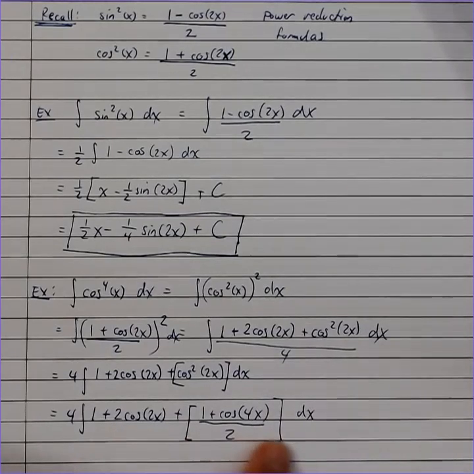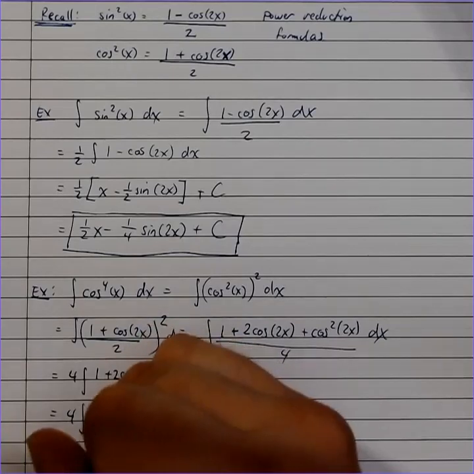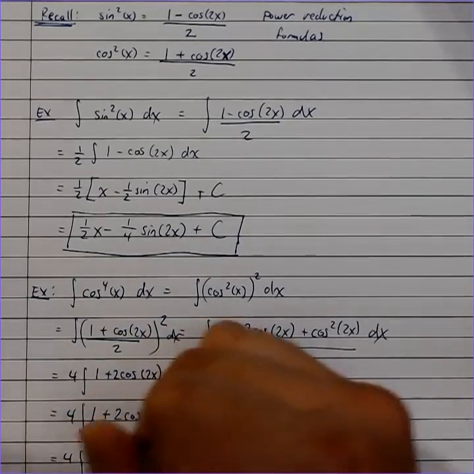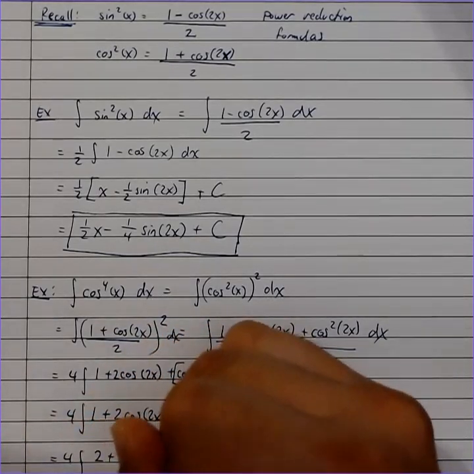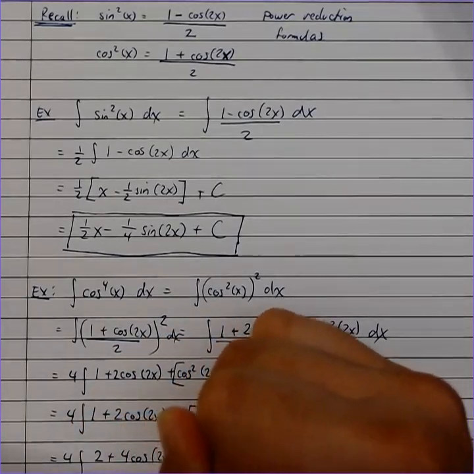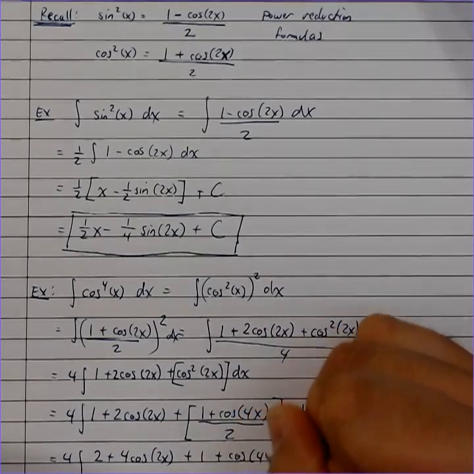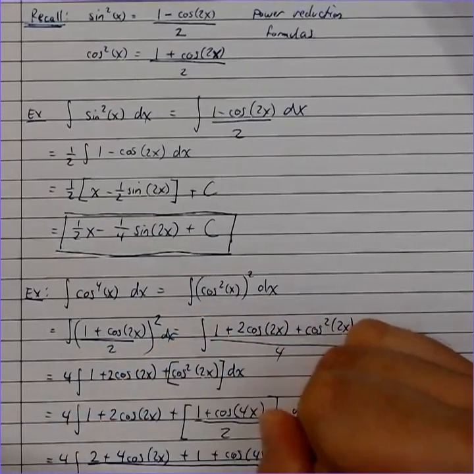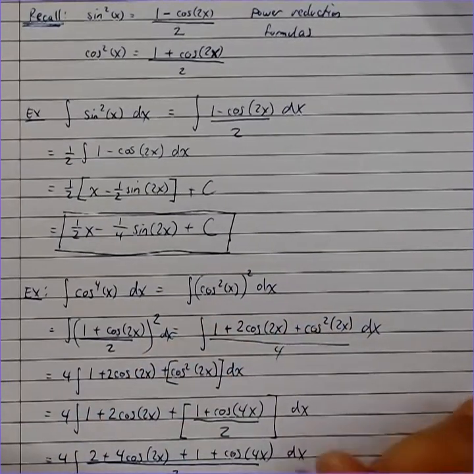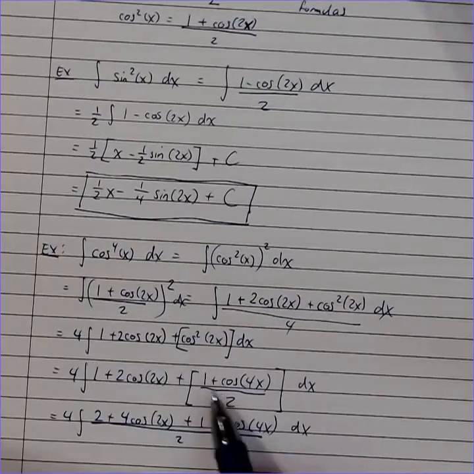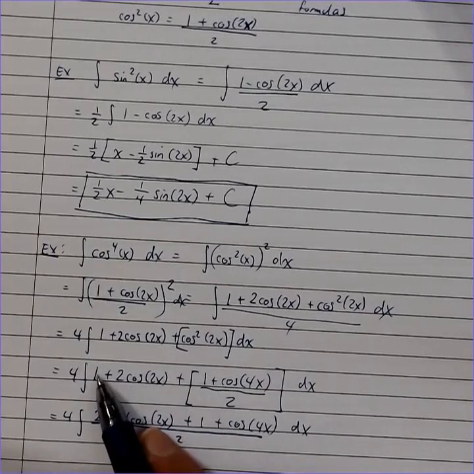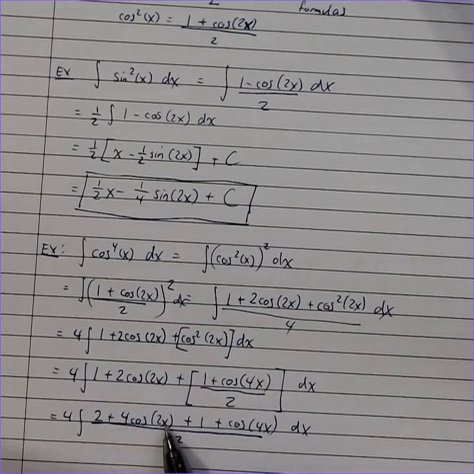Here, I can go ahead and give everything a common denominator. So here, let's write that as 1/4 integral of 2 plus 4 cosine of 2x plus 1 plus cosine of 4x, all over 2. Those stayed the same: 1 plus cosine of 4x over 2. Here, instead of writing it as 1, I wrote that as 2 over 2. And instead of 2 cosine of 2x, I wrote 4 over 2 cosine of 2x.